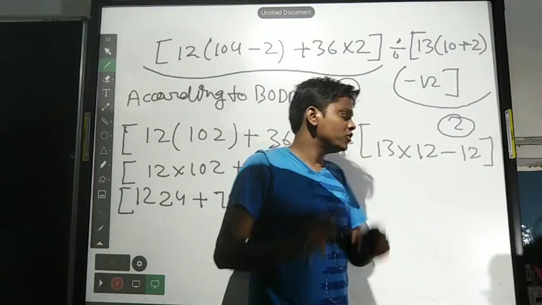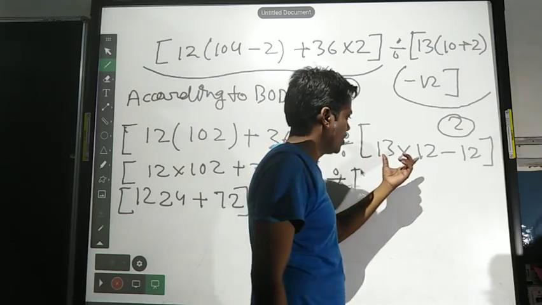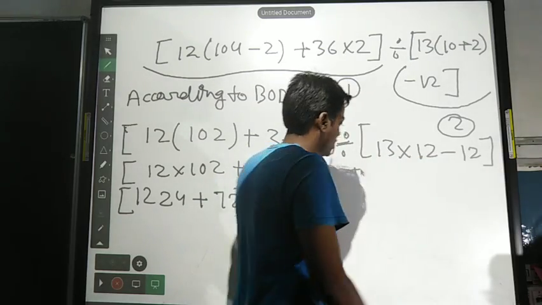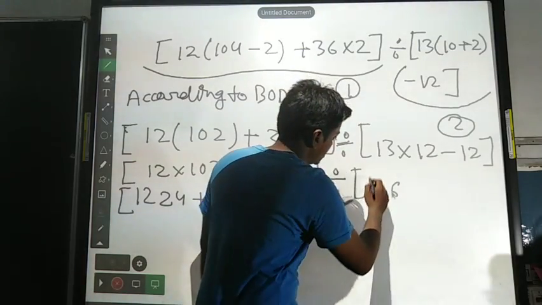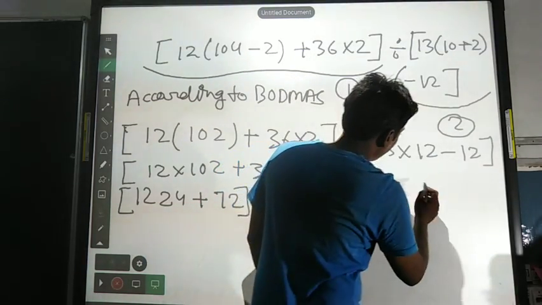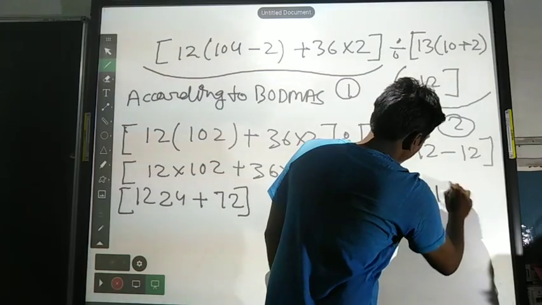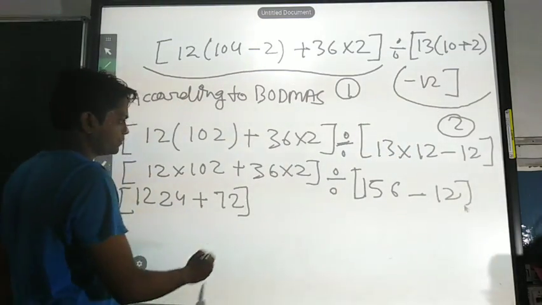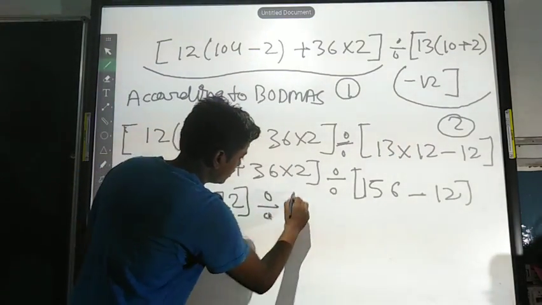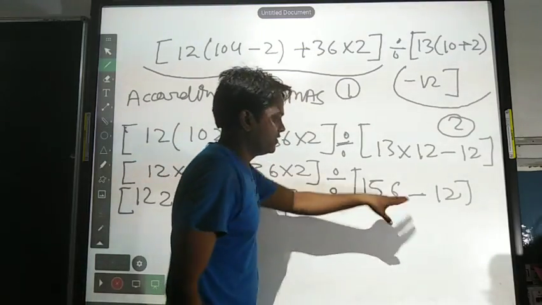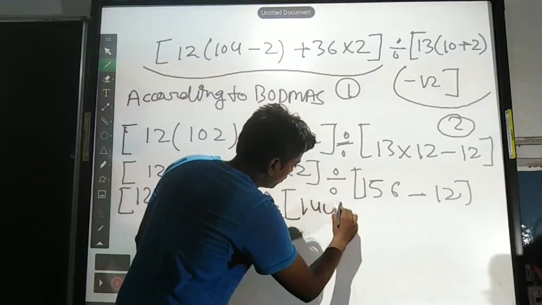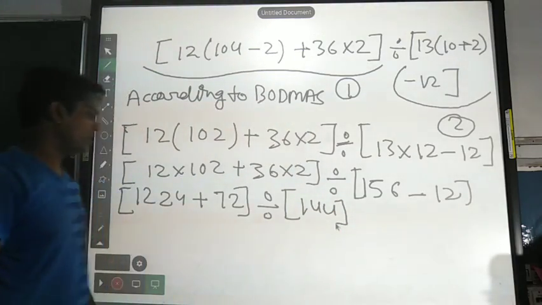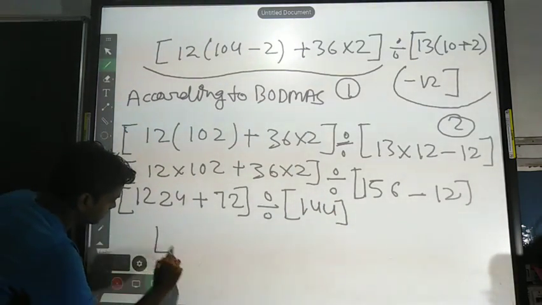No. According to BODMAS, first of all we will multiply this: 13 times 12 is 156. Minus 12. Now the last step of the second part: 156 minus 12 will become 144. Now solve this one.